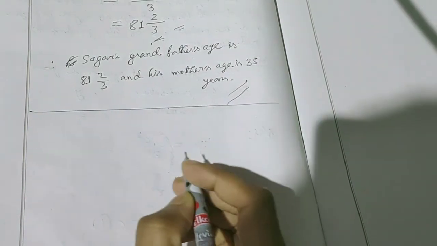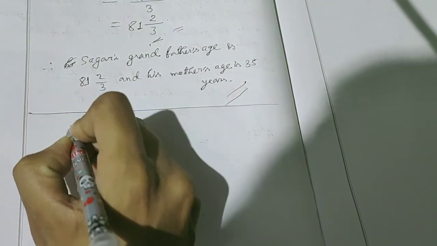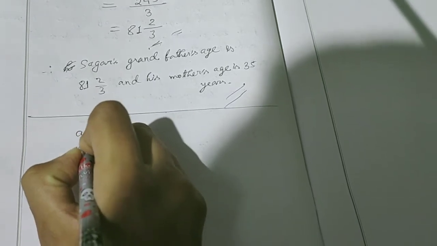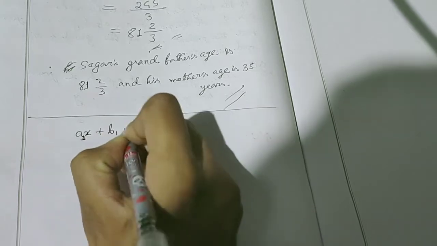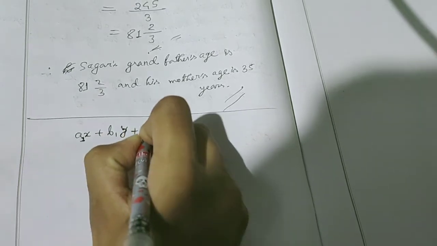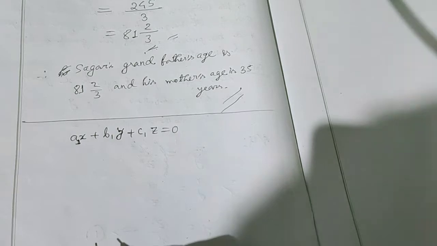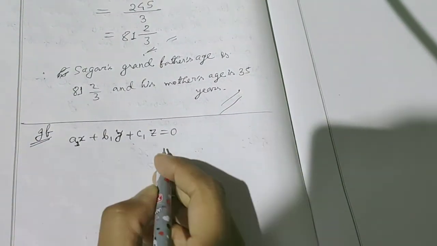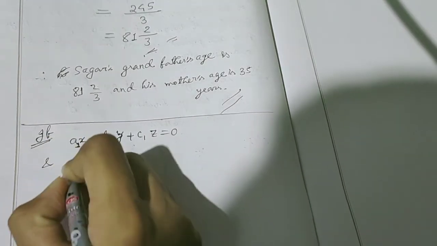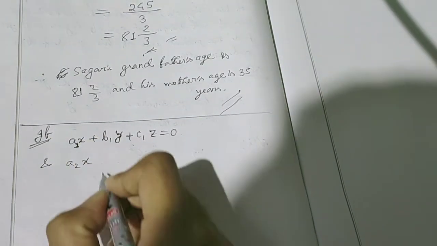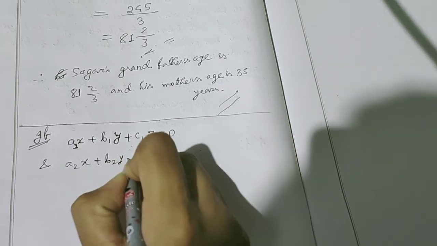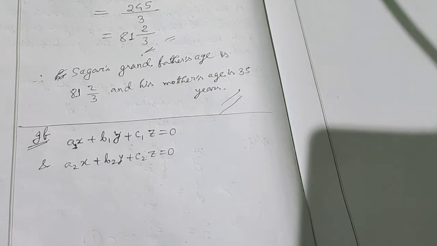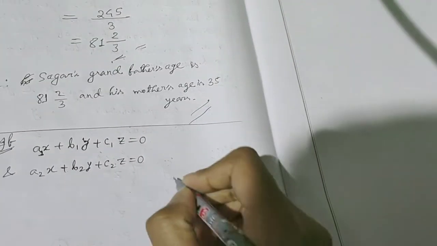So let's suppose if the equation is given like this, a1x plus b1y plus c1z equals to 0 and a2x plus b2y plus c2z is equals to 0, then we can do something here.